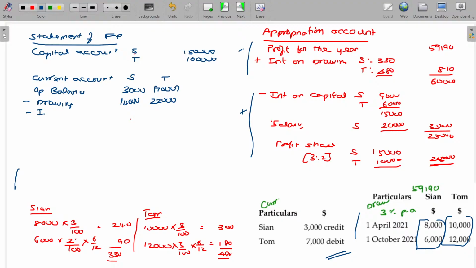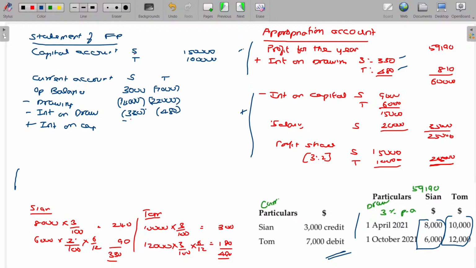Similarly, you have to subtract interest on drawings. This one 330 and 480. And you have to add what? Interest on capital, salary and profit share. So I put all the values in bracket representing deductible item, not to confuse.